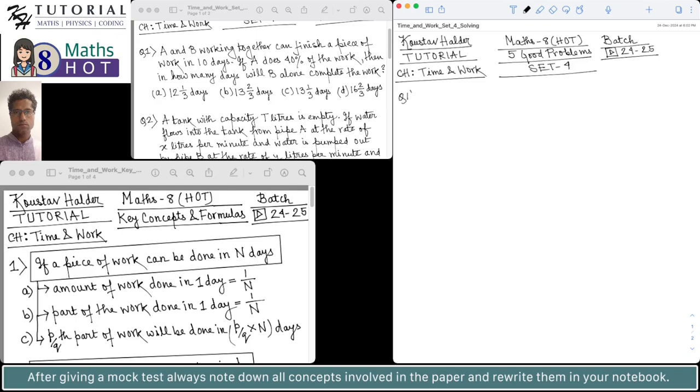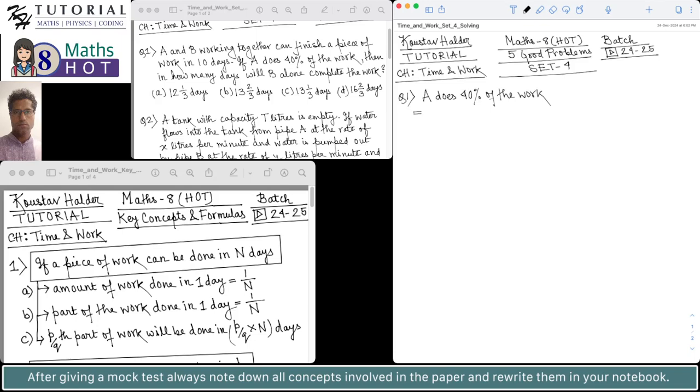Okay, so let's start question number 1. So A does 40% of the work. What does it mean? A does 40% of the work. My machine is running very slow. I have no idea why.